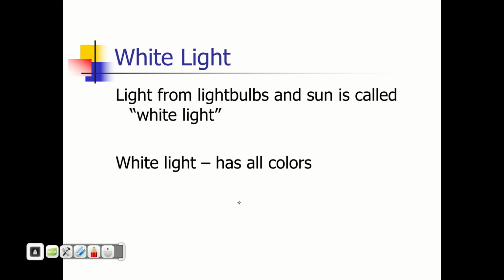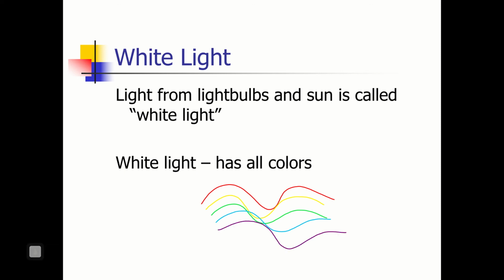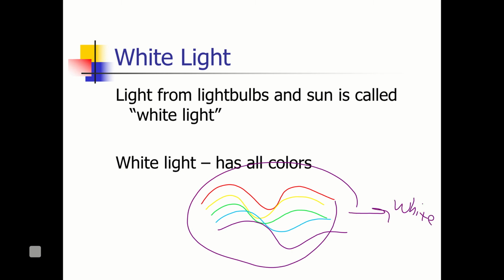But basically white light is where there's red wavelengths, there's yellow wavelengths, there's orange wavelengths. I don't have orange though. There's green, there's blue, there's purple, there's that other color indigo. All of these things mixed together you see as white light. You can't see the colors separately.